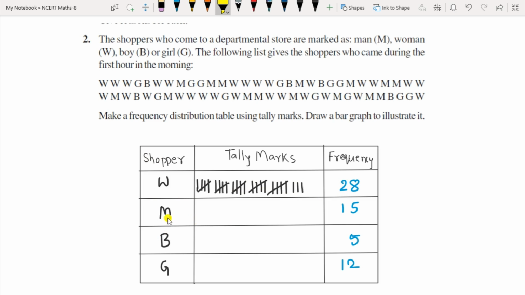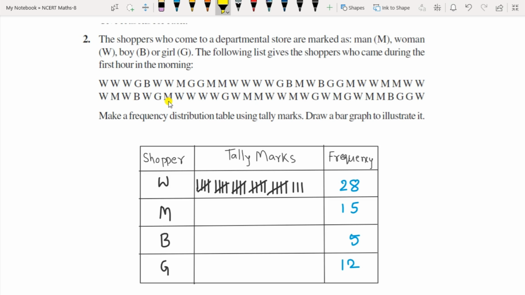Now let us see for M. M is man. Man is here 1, 2, 3, 4, 5, 6, 7, 8, 9, 10, 11, 12, 13, 14, and one more is remaining somewhere, 15.